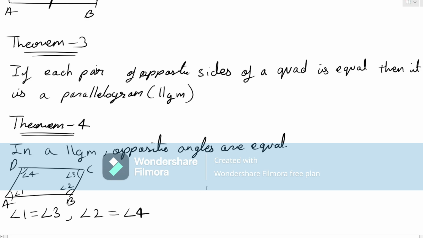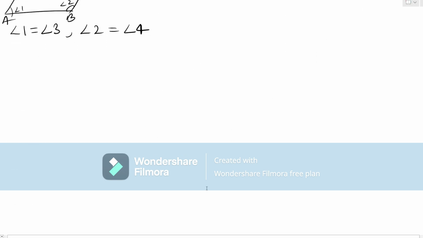As simple as that. Now let's look at the next theorem, theorem number 5.